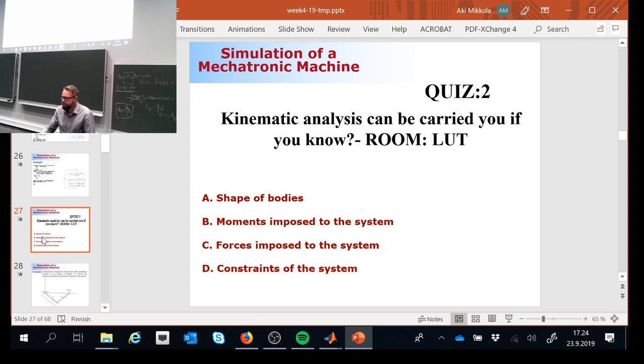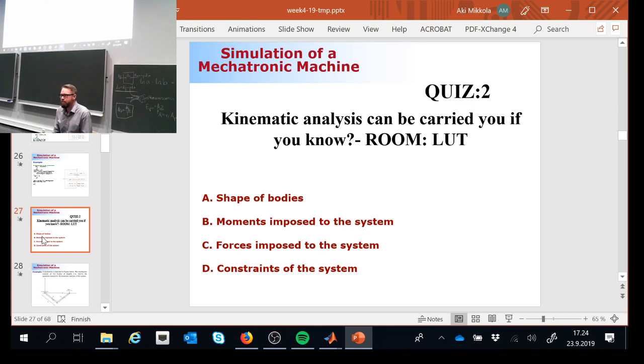Kinematic analysis can be carried out if you know several of the bodies, moments imposed to the system, forces imposed to the system, constraints of the system. So what is the information you have to have in order to carry out the kinematic analysis? This is not a trick question.